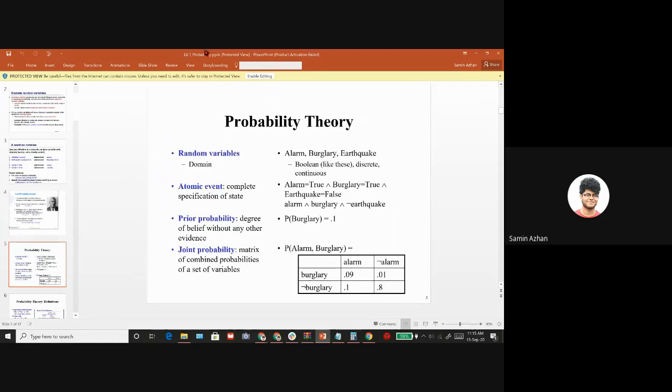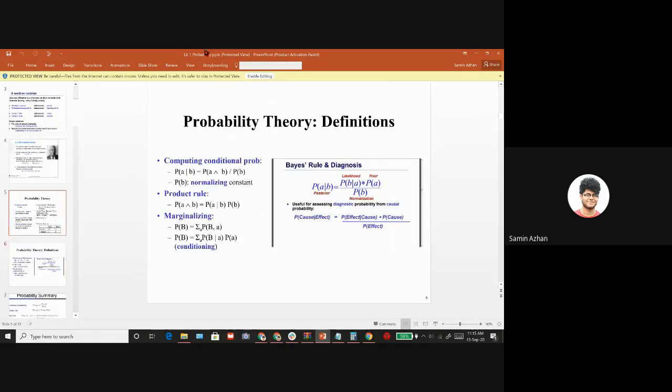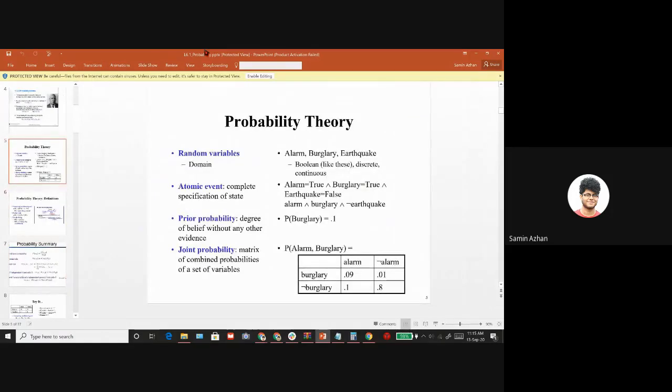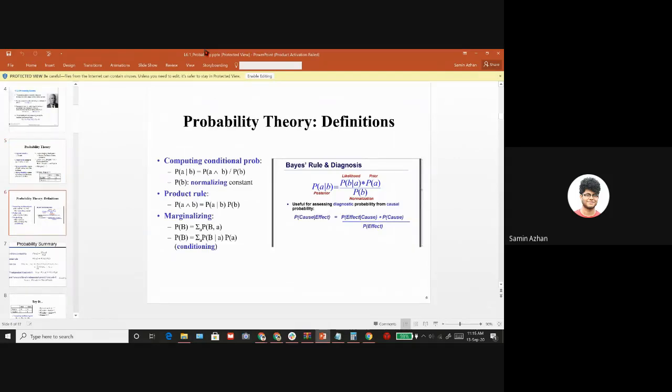Let's look at this example. Okay, there are also a few rules for calculating conditional probability, and there's a product rule.